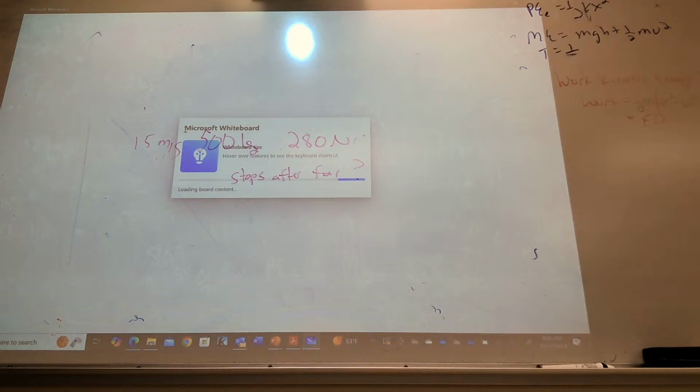You're solving for the stopping distance. What's the final speed? 0. So you know the initial speed, you know the final speed, you know the mass.